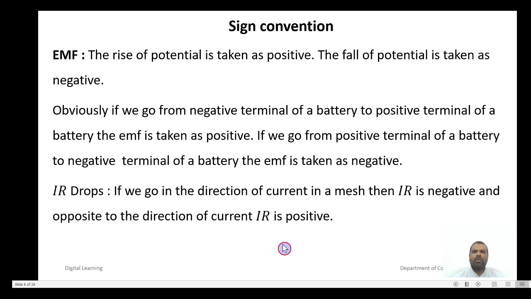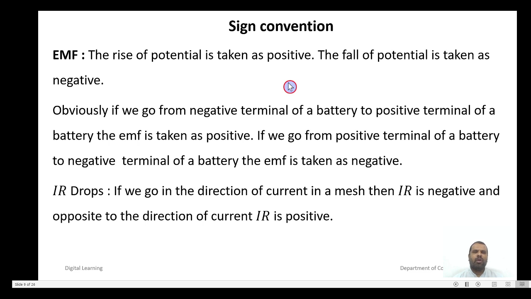Now, in electronics, we have to consider some sign conventions regarding EMF and IR drops. EMF: the rise of the potential is taken as positive. The fall of the potential is taken as negative. That is, the rise of the voltage or potential is taken as positive.